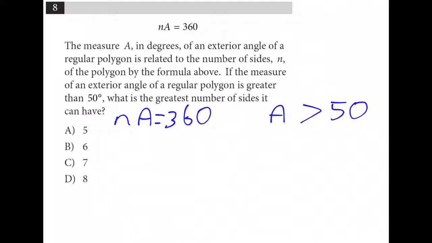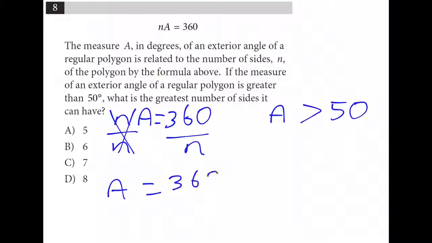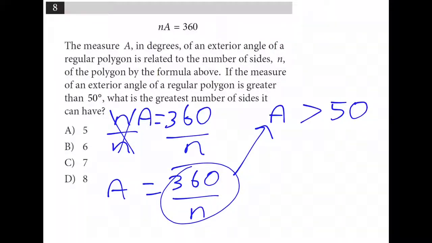Let me show you what I mean. Let's divide both sides by n, which cancels this out, and we get that A is equal to 360 divided by n. So since this is the same thing as A, we can plug this in over here and replace A. So in other words, 360 divided by n is greater than 50.